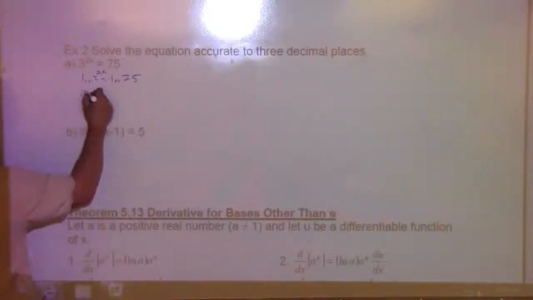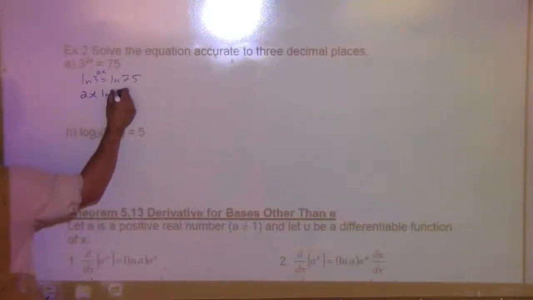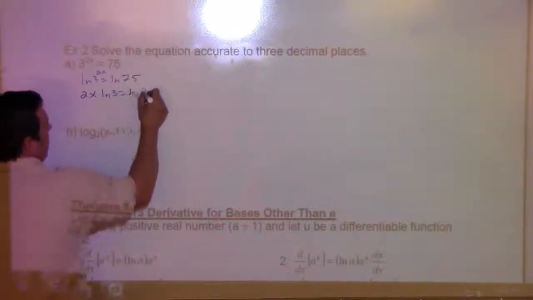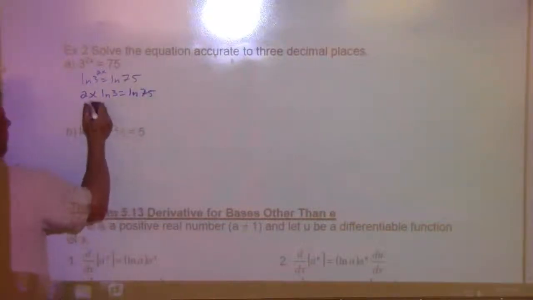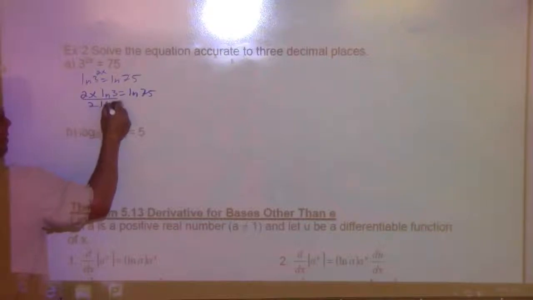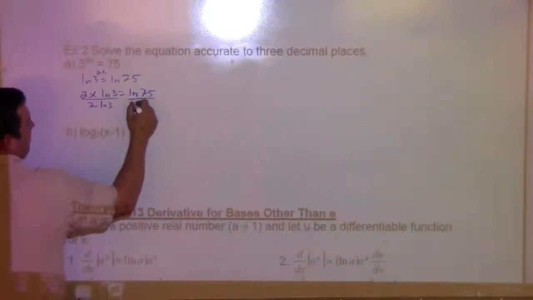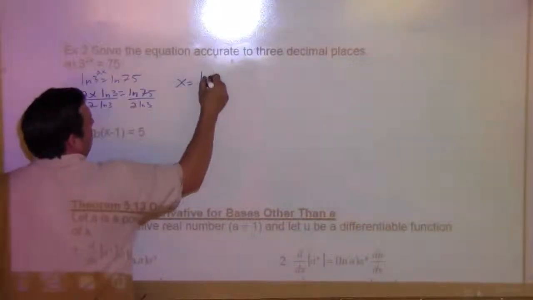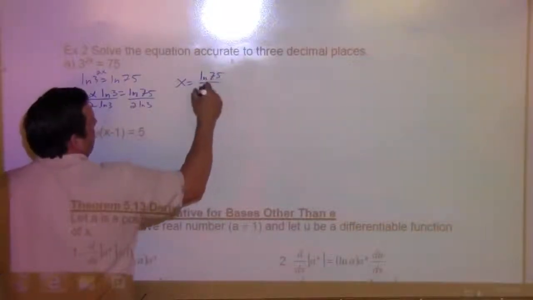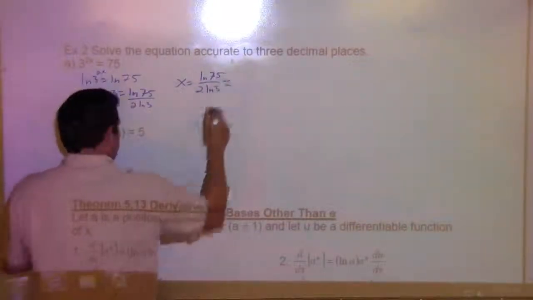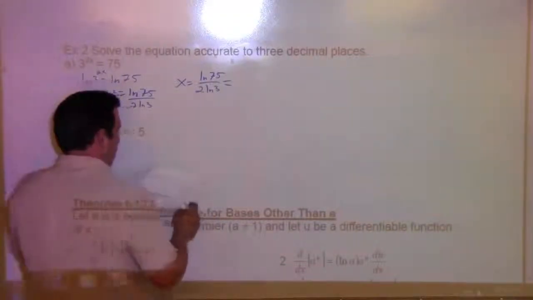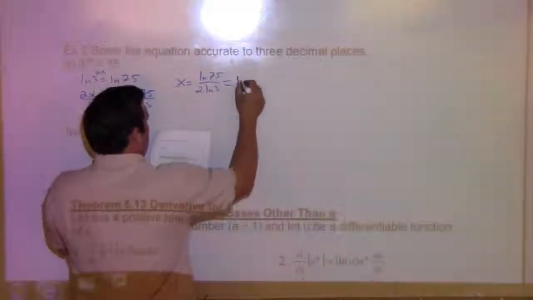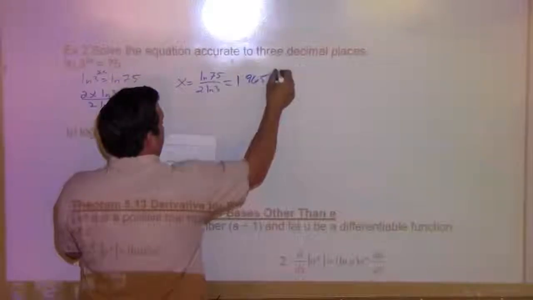Power comes out front. 2x times natural log of 3 equals natural log of 75. If I divide both sides by 2 natural log of 3, then x equals natural log of 75 over 2 times the natural log of 3. And that's going to be 1.965.